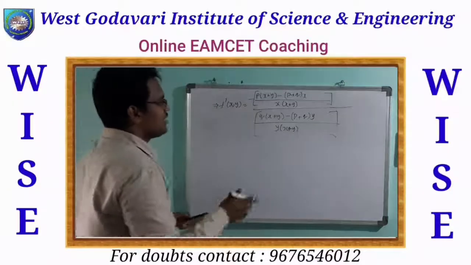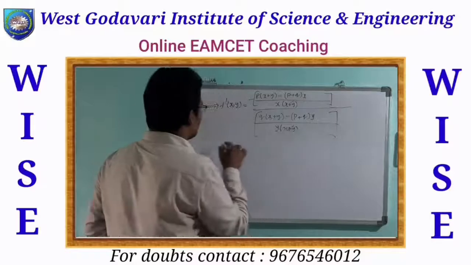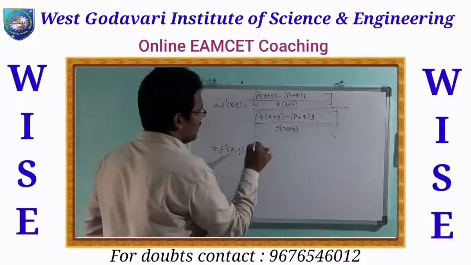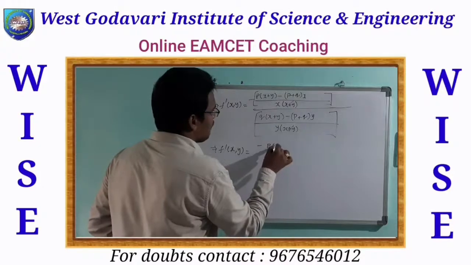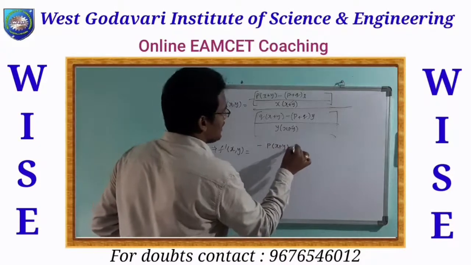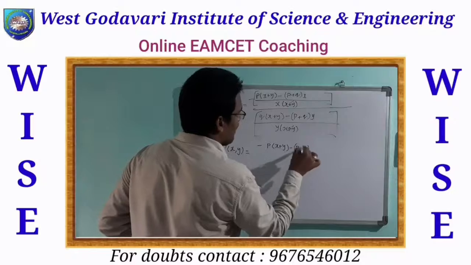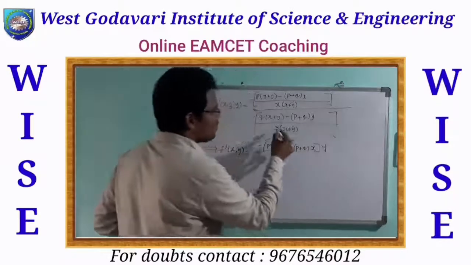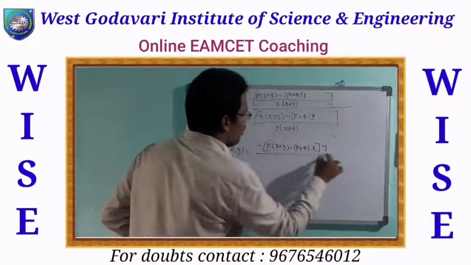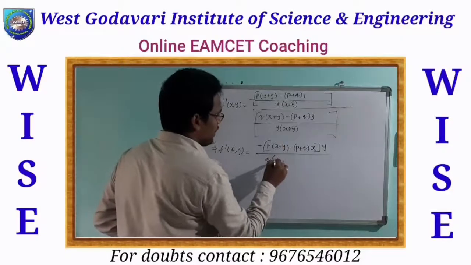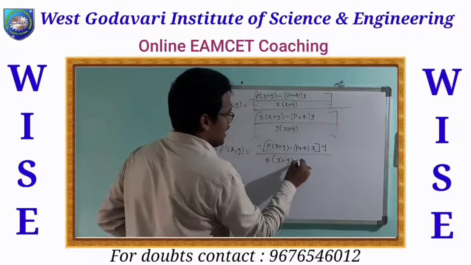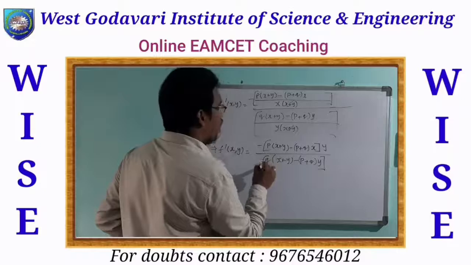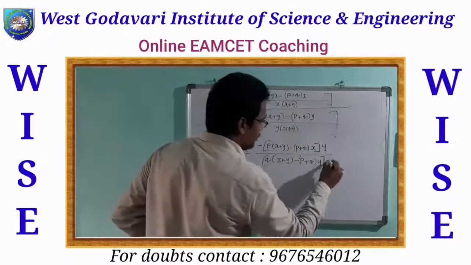By simplifying this, x plus y cancels. So dy by dx is equal to minus [p(x plus y) minus (p plus q)x] into y, which goes to the numerator, over [q(x plus y) minus (p plus q)y] into x, which goes to the denominator.